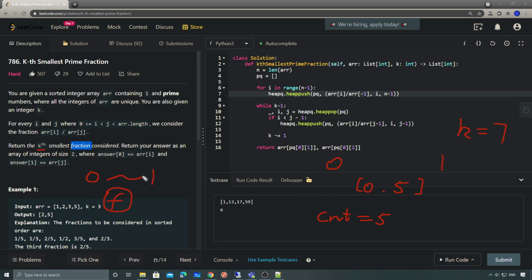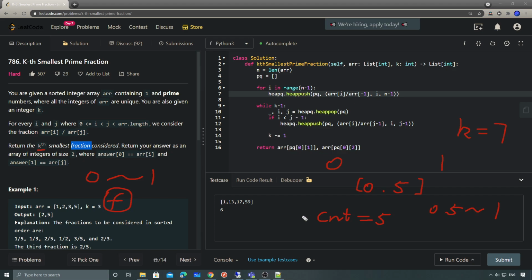It means that this fraction is too small. We need a bigger fraction so that we can find the k-th smallest fraction, so we need to search from 0.5 to 1.